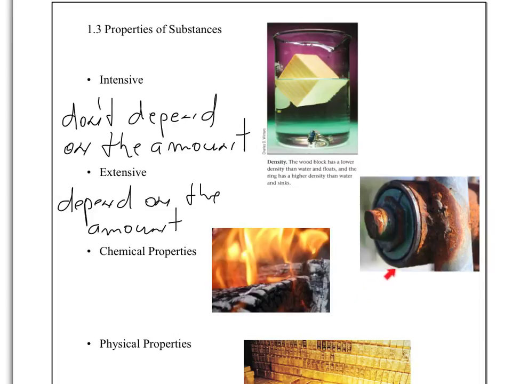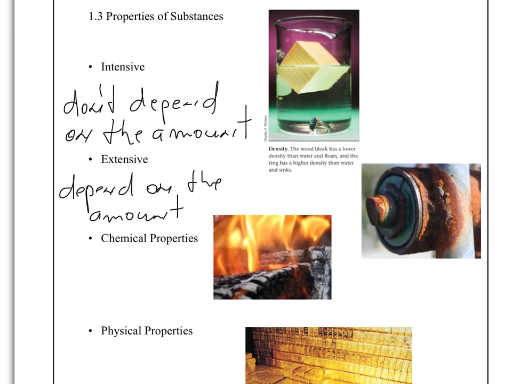And over here I have a piece of iron that is rusting, which really means iron reacting with oxygen, and that is also a chemical property. So chemical properties really are almost entirely the way that something reacts.